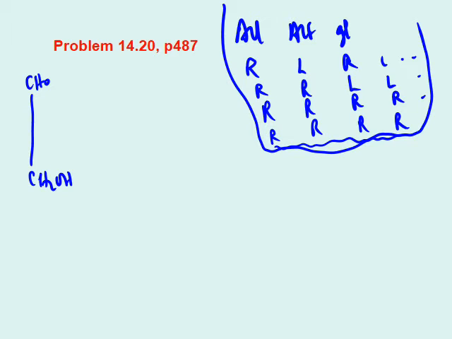And you can see all the OHs are towards the right. So OH 1, 2, 3, 4. So all these OHs are directed to the right when you hold CHO on the top and CH2OH on the bottom.